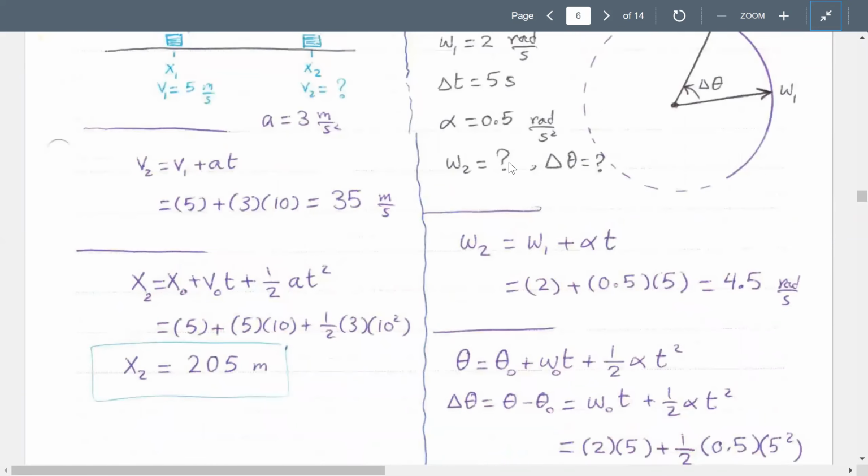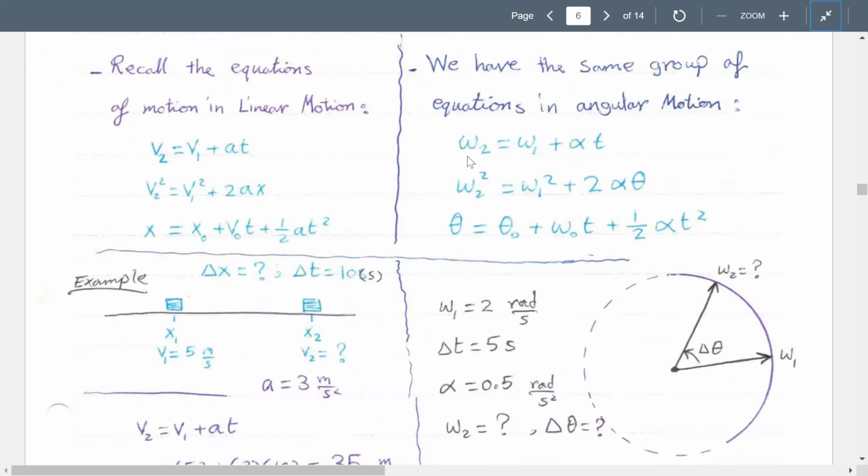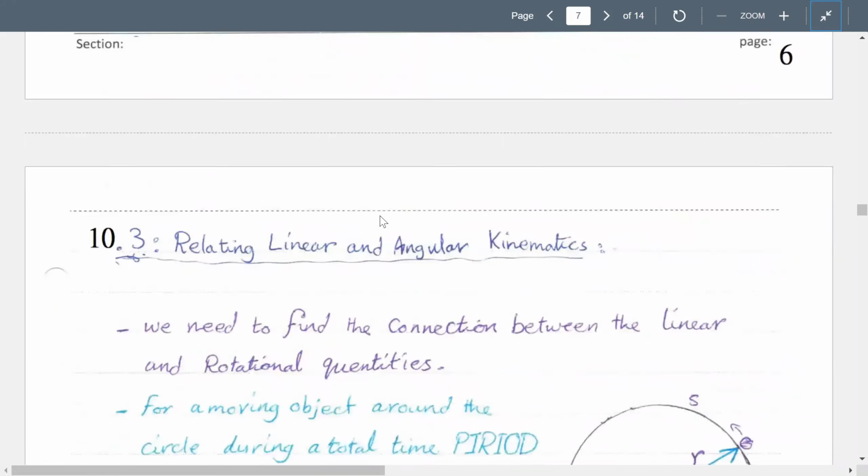Now we will see what is the relation between omega and V, between a and alpha, and between theta and x. I told you there is a relation between them, and we will see that now.